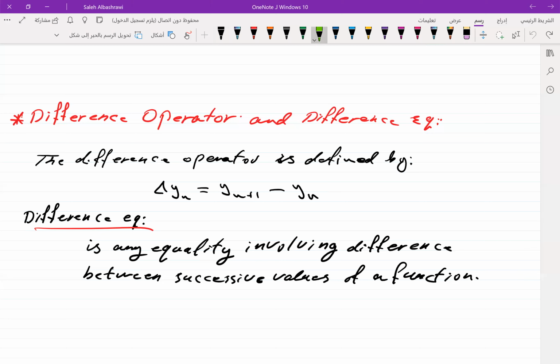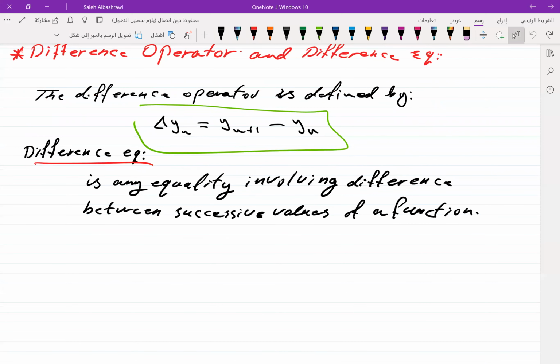We define the difference operator to be the difference between any two successive values of the function. So from this definition, we can find the different powers of the difference operator. For example, delta square of y sub n can be written as delta multiplied by another delta of y sub n.